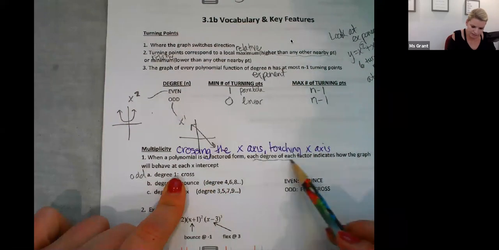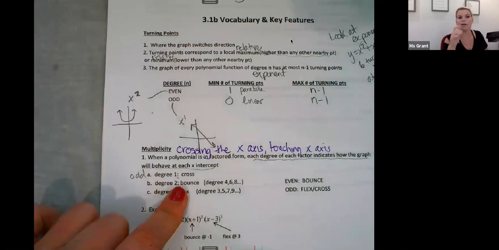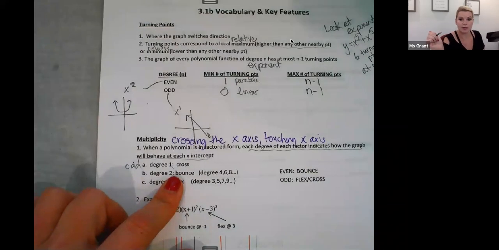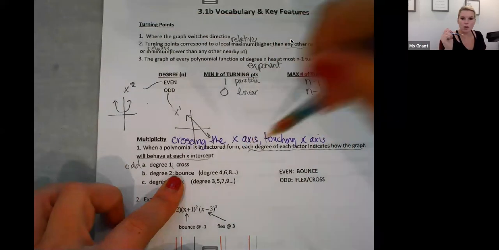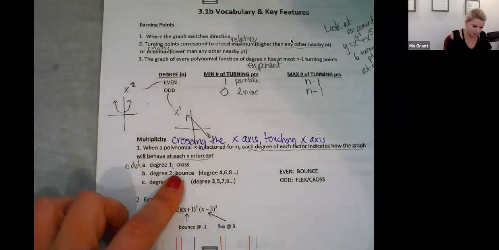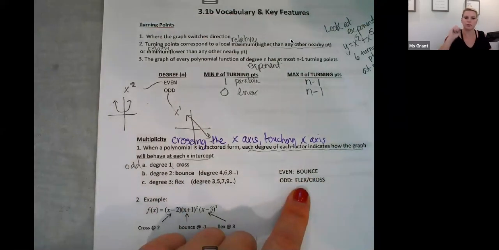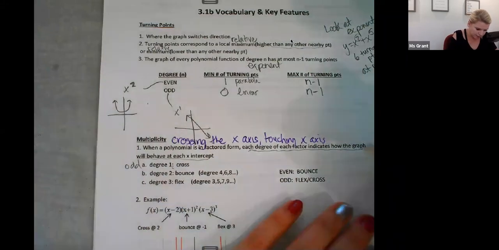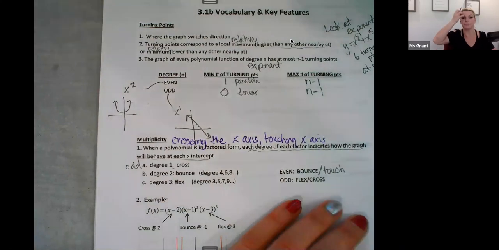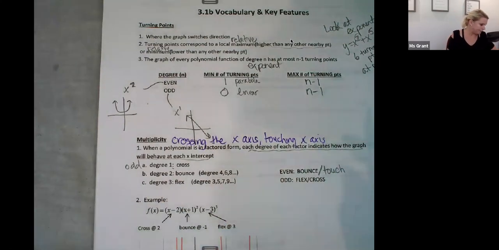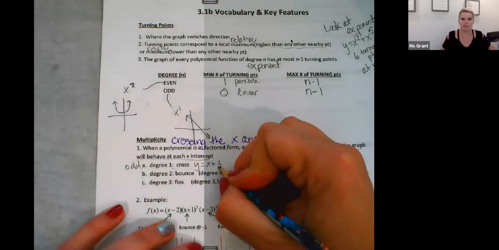The degree of each factor indicates how the graph will behave at the x-intercept. So my graph is going to cross the x-axis. How many times? That's what this is. And is it going to cross over? Or there's another option. It could cross, it could bounce off of it, like just touch it. Okay, so bounce is also like touch, just touching, and then it flips back up again. So like a straight line, y equals x plus 3, that would just cross once.